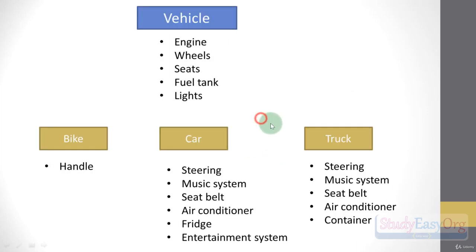Let me show you. So in here, if we bring the common properties of the vehicle in a common place, we create a class, for example, with the name of vehicle, and we bring all of these properties in this vehicle class, then it would be pretty simple for us to code bike class, car class and truck class. Why?